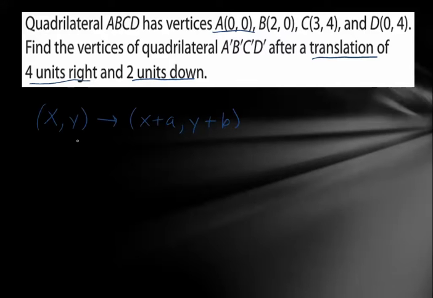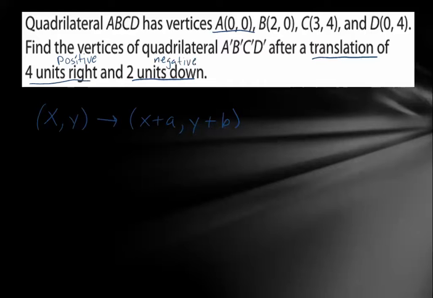Remember, the translation notation was our pre-image (x, y), and then we go to (x plus a, y plus b) according to our translation. So in this case, we have 4 units to the right. To the right is positive, because in the x direction, going to the right is positive, and in the y direction it says down, so this is going to be negative.